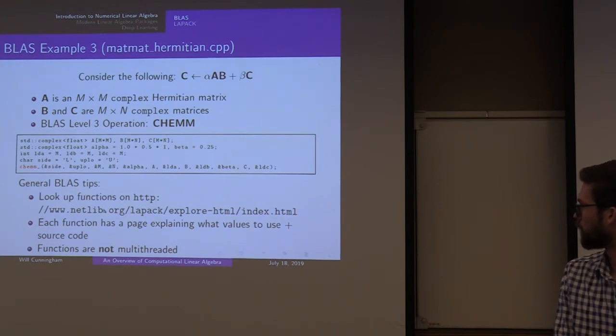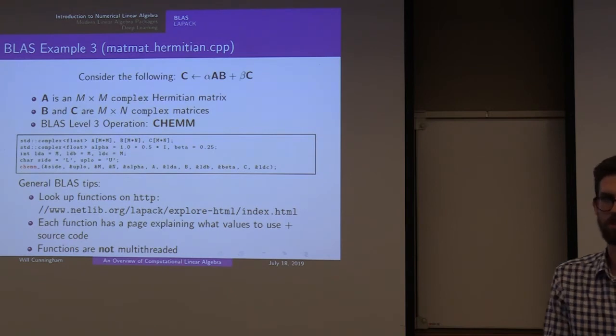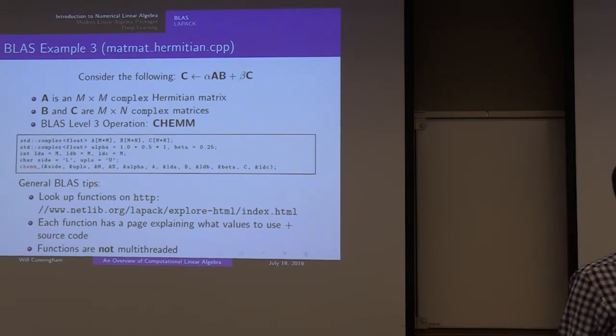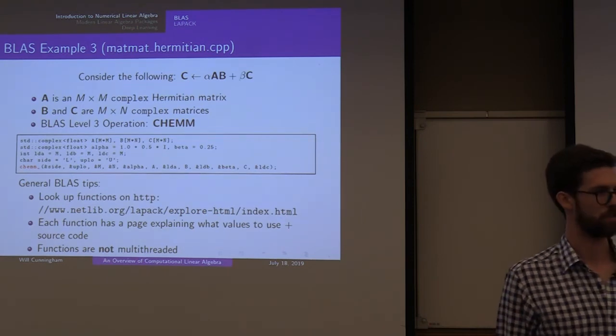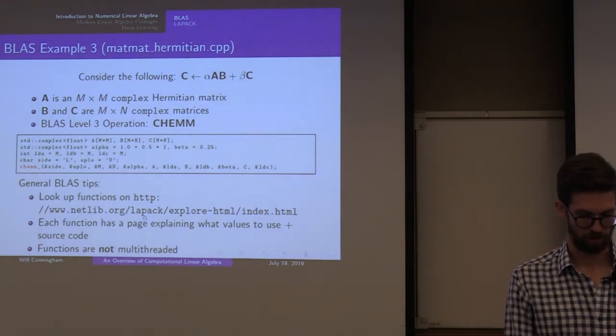I put the actual URL here in case you want to check out all of the functions. Each of them has a page explaining what values to use, some source code for what's actually happening behind the scenes, in case you want to write your own implementations or see if you can do it better. I would suggest doing that for a few of them. It's very useful to understand how these things work, especially for some of the more advanced stuff.